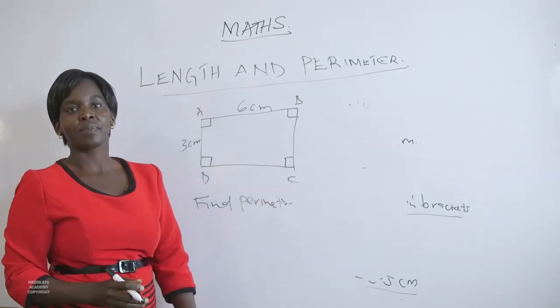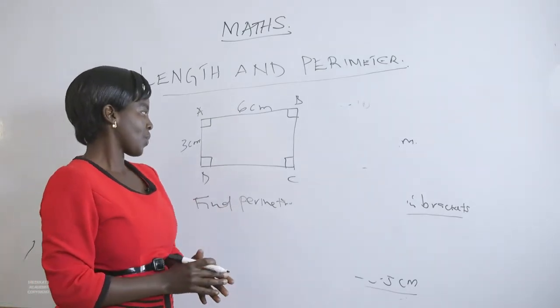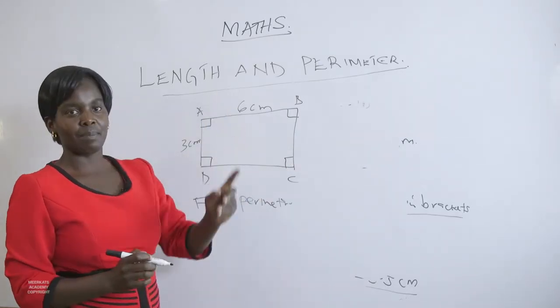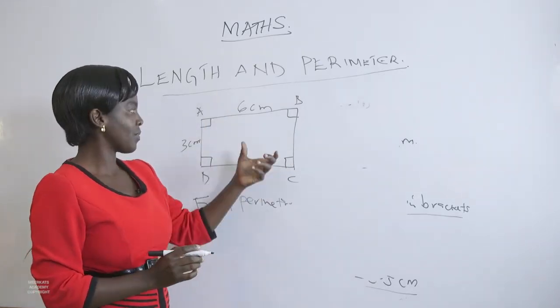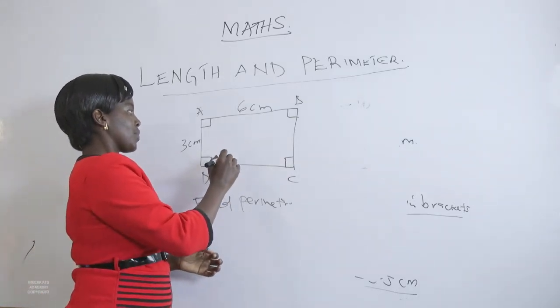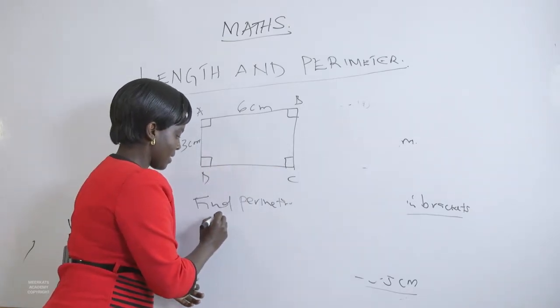If you can remember, we said perimeter is the distance all round. So we are asked to find the distance round the rectangle.